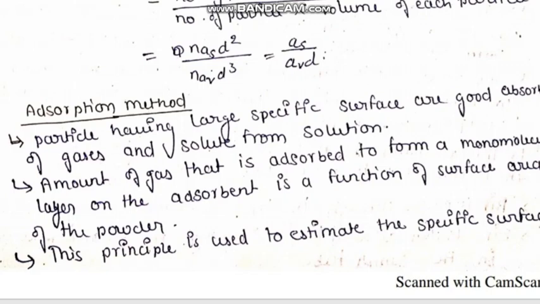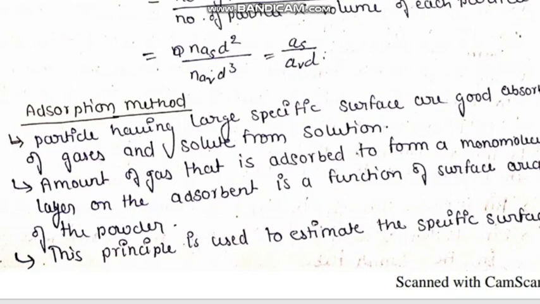For example, if we are adsorbing helium gas on a sample of specific surface area 100, suppose 20 units of helium gas are adsorbed. If the surface area is decreased from 100 to 50, then the amount of gas adsorbed, which was 20 earlier, will also decrease.